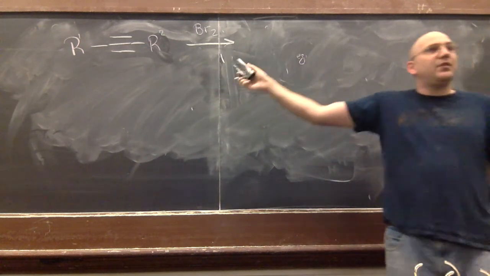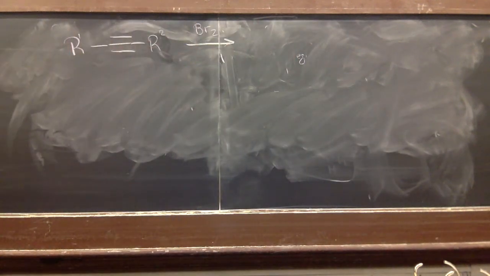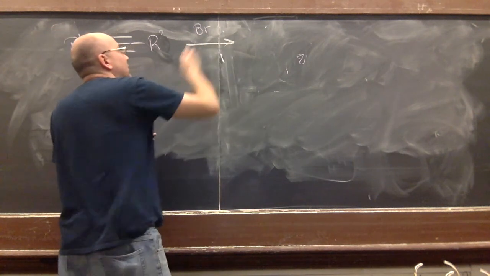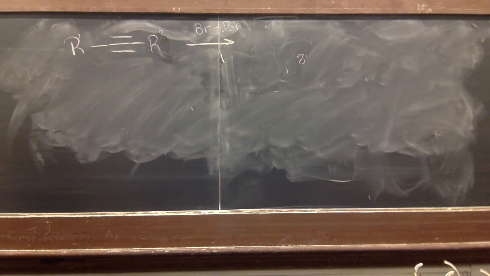So what's going to happen when that alkene first reacts with the Br2? Okay, so I should probably draw out my bromine, Br. And I'm going to be pushing electron arrows, so I'm going to be illustrating the flow of electrons. So where are the electrons coming from and where are they going to go to?